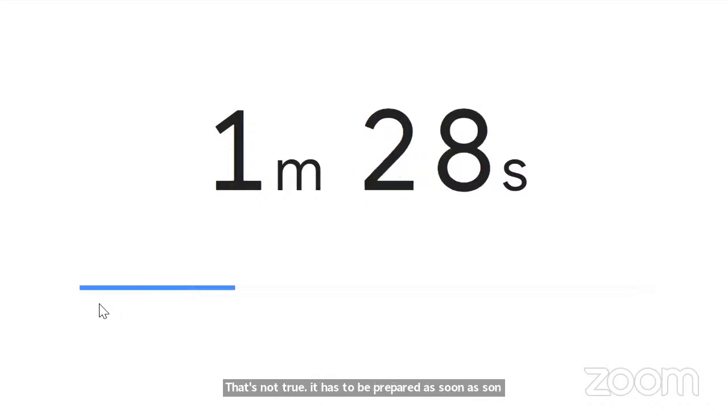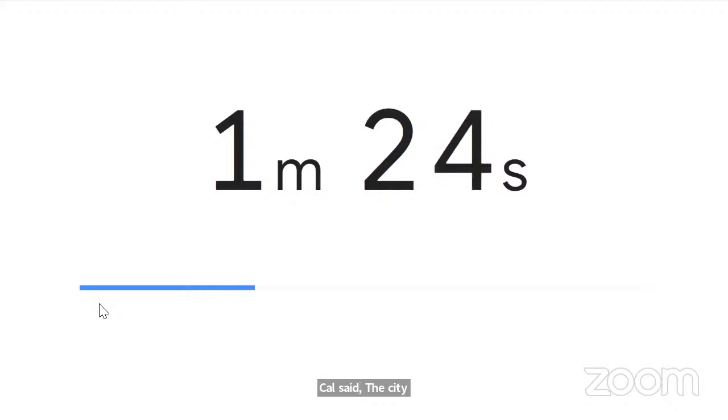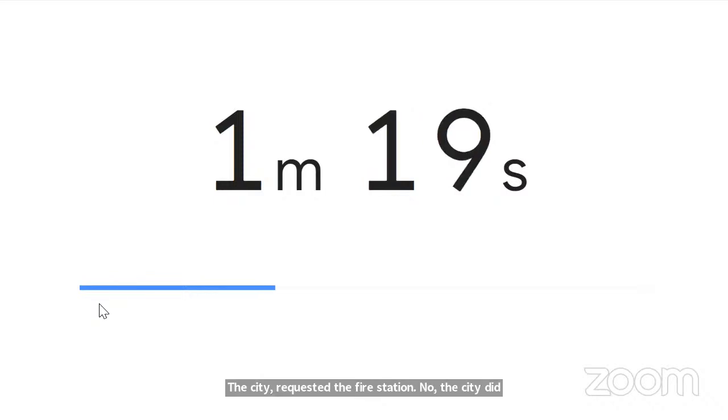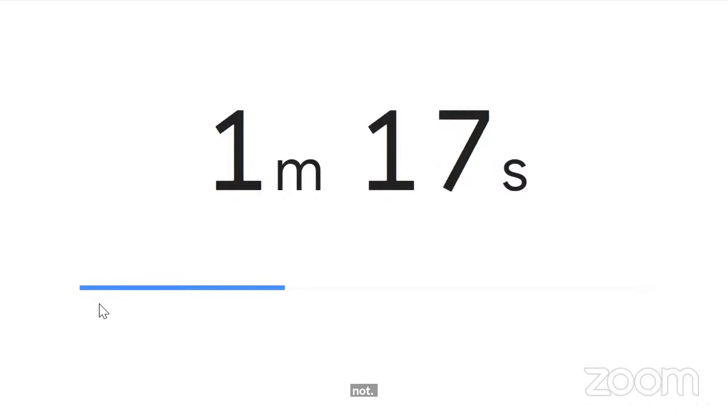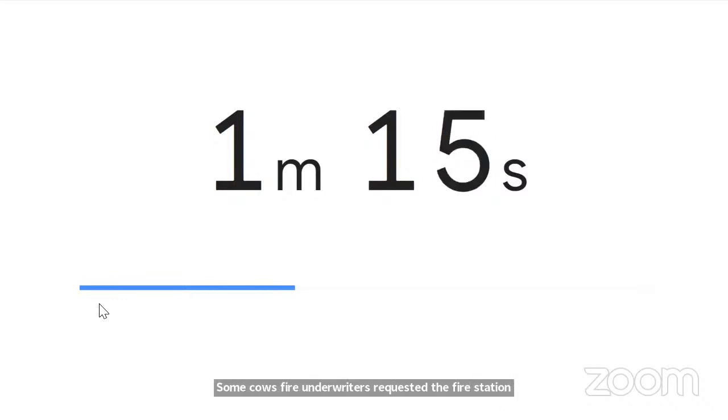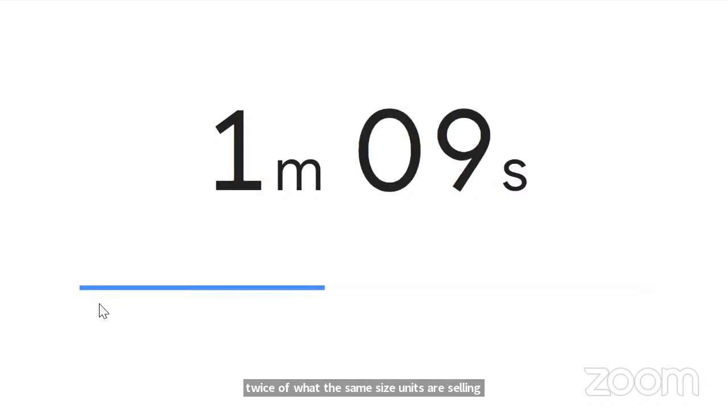The attorney for SunCal said the city requested the fire station. No, the city did not. SunCal's fire underwriters requested the fire station. The proposed sales price of the units are about twice of what the same size units are selling for at Brickyard.